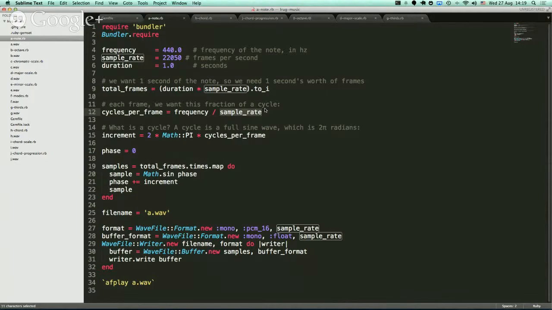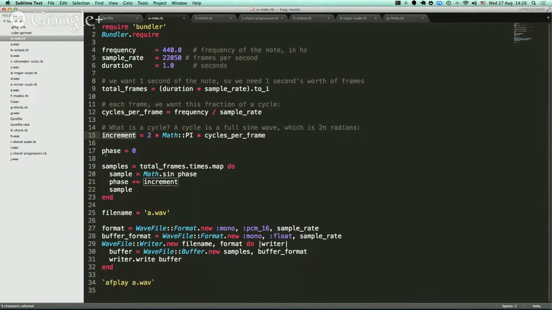That's just some maths. That gives you the cycles per frame, what fraction of a wavelength is covered in one frame. And this is the increment, which is 2 pi, because one cycle is 2 pi in wave theory. This is another variable that the library needs to use.